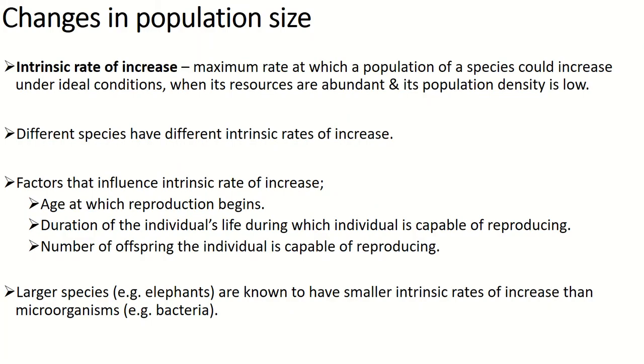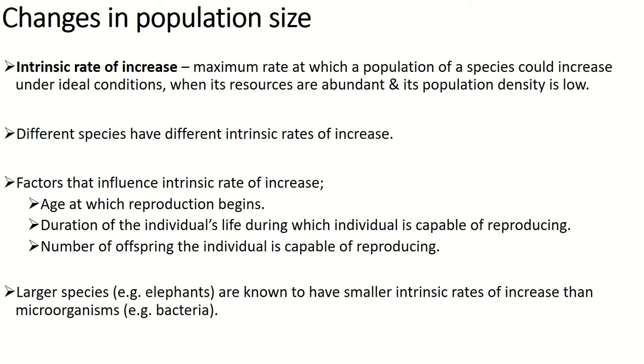Looking at changes in population sizes, the intrinsic rate of increase refers to the maximum rate at which a population of a species could grow or increase under ideal conditions when its resources are abundant and the population density is very low. So what they're considering here is when you have a population that's going to breed, consider last week's lectures, the population is going to increase in size.